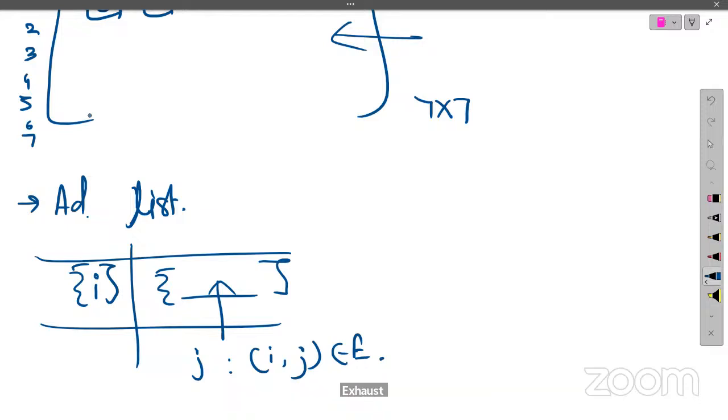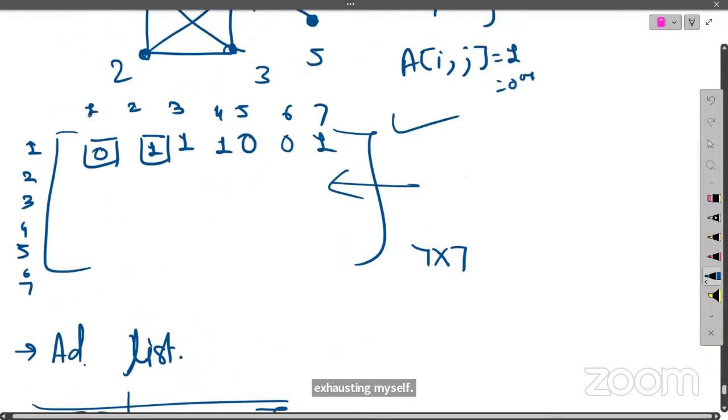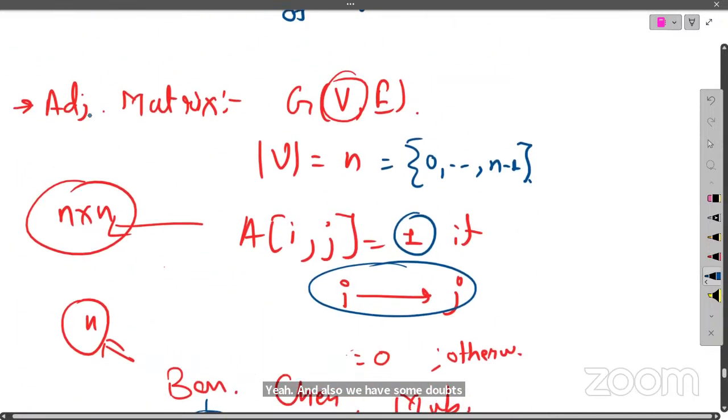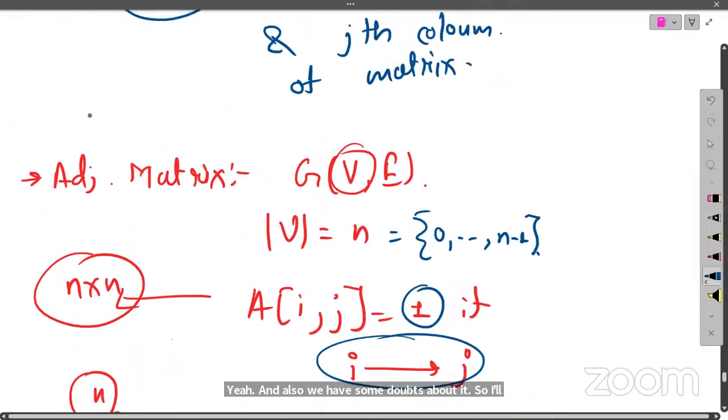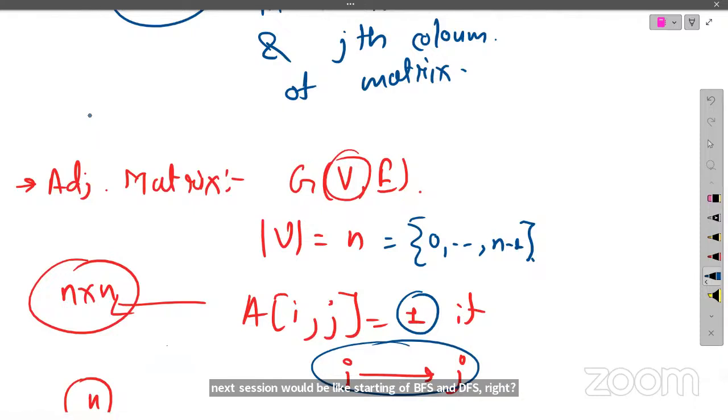Also, we have some doubts about quizzes and all. I'll take those and we will continue in the next session too, so don't worry about that. Ma'am, the next session would be the start of BFS and DFS, right? From there till BFS, DFS, and topological sorting, it will take 1 hour at most.